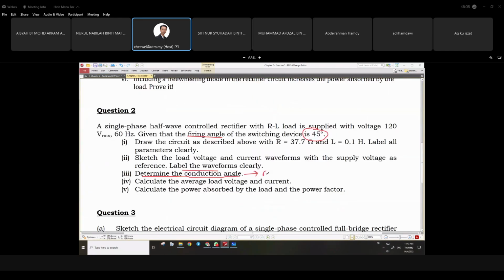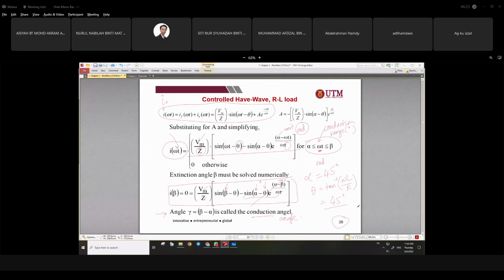Refer to the notes, page 29, for the I omega t equation. Okay, what is the value for beta?